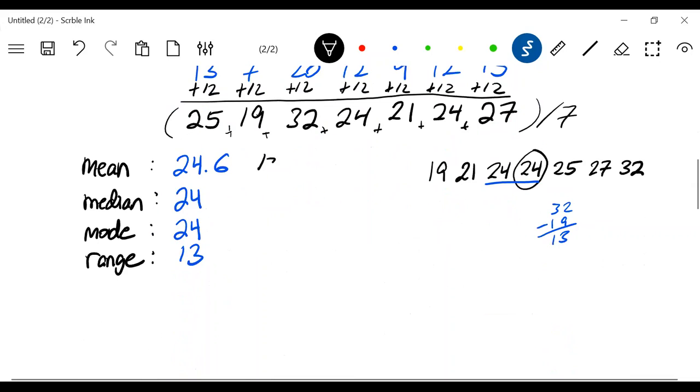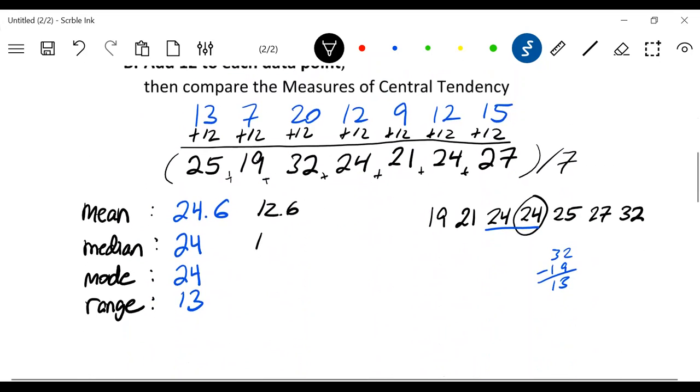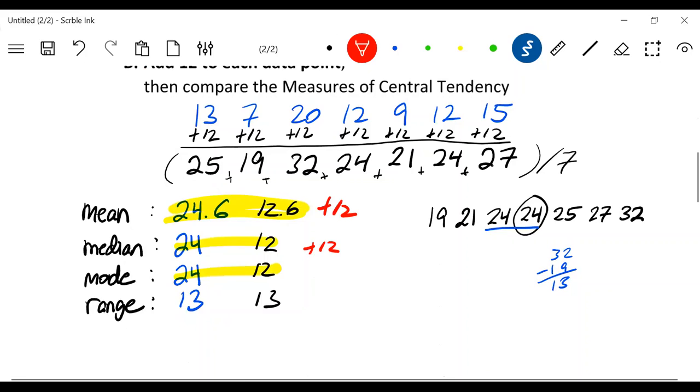So 12.6, 12, 12, and 13. So let's notice that in this case, there's simply an addition of 12. In this case, also an addition of 12. But in this case, it stays the same.